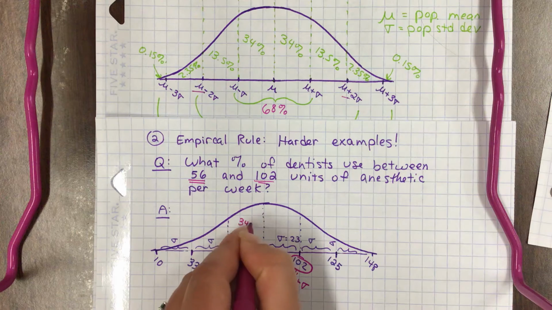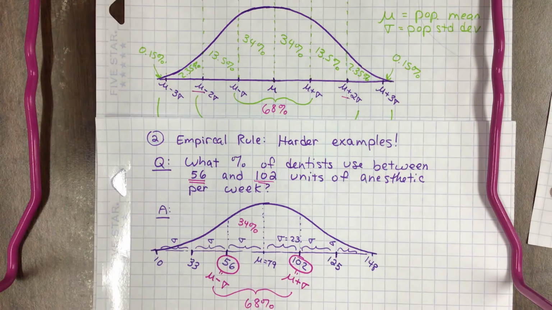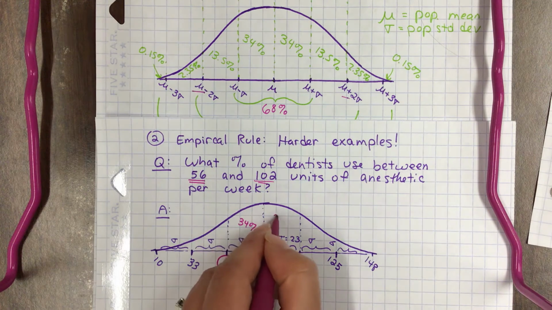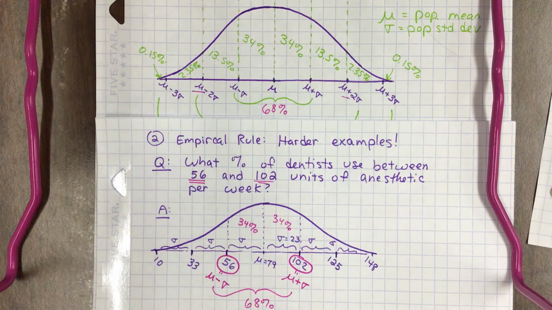I've got 34% of dentists, approximately, using between 56 and 79 units, and between 79 and 102, another 34%.